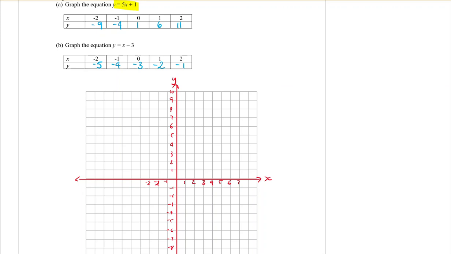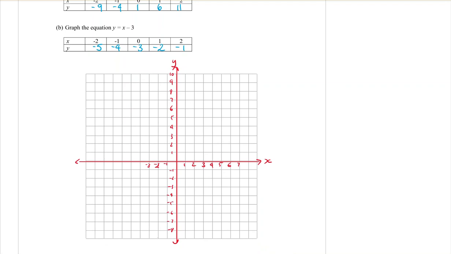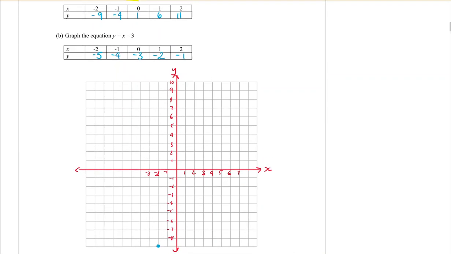Okay, if you have finished drawing up your Cartesian plane, have a go at plotting it. Remember, if they don't line up, you've made a mistake. They've got to be straight lines. So the first one, -2, remember x-axis first, -2 down to -9, I only just fit that one in. -1, -4, 0, 1, 1, 6, and 2, 11's not quite going to fit.